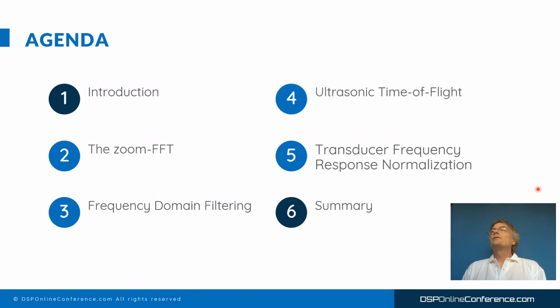For the majority of the talk, we are going to look at using the Fast Fourier Transform for analyzing and processing signals in different ways, and look at the benefits of using the frequency domain for implementing our processing systems. But to start with, we're going to look at some pre-processing that we can do prior to calling the Fast Fourier Transform, and we're going to look at an algorithm called the Zoom FFT.